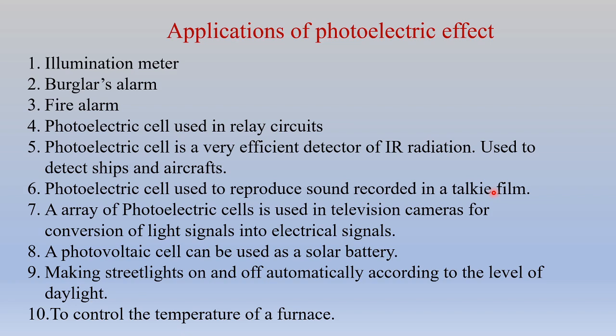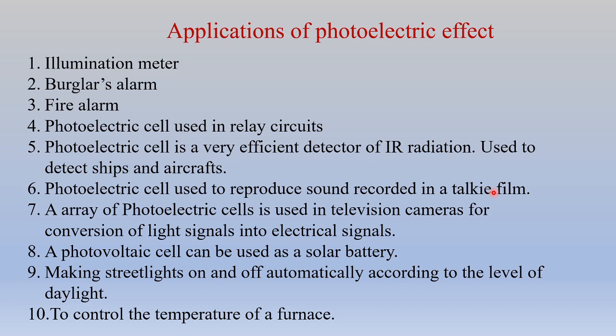That is the fire alarm, and they are also used in some relay circuits, and it is a very efficient detector of IR radiations. So it is used to detect ships and aircraft, because lead selenide cells are highly efficient detectors of infrared radiations.